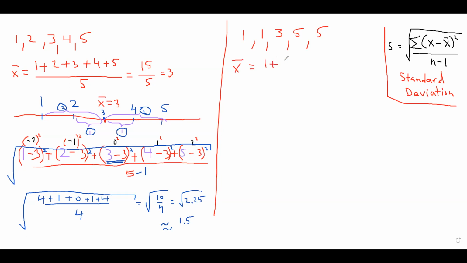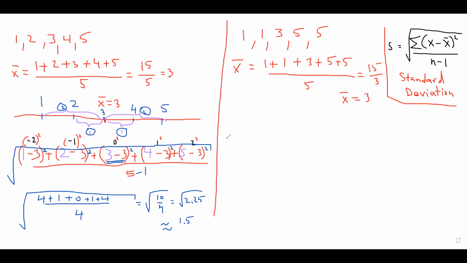Analogously, for the sample mean, we add these 5 numbers all together and divide the sum by 5, right? So we have 15 divided by 5. And when I do this, I get an average equal to 3. So the sample mean is 3.